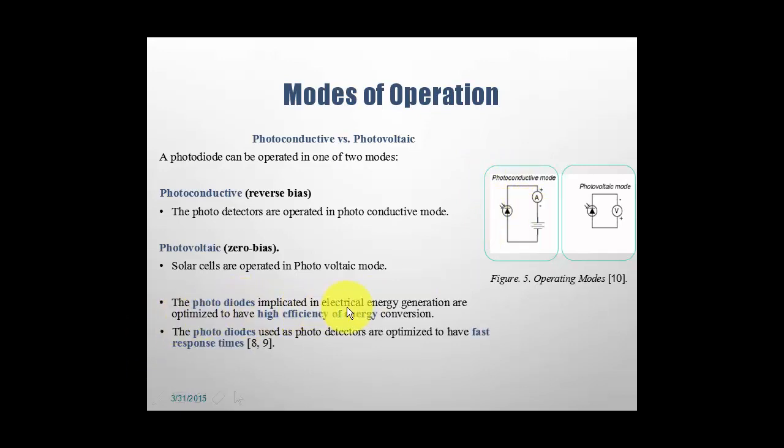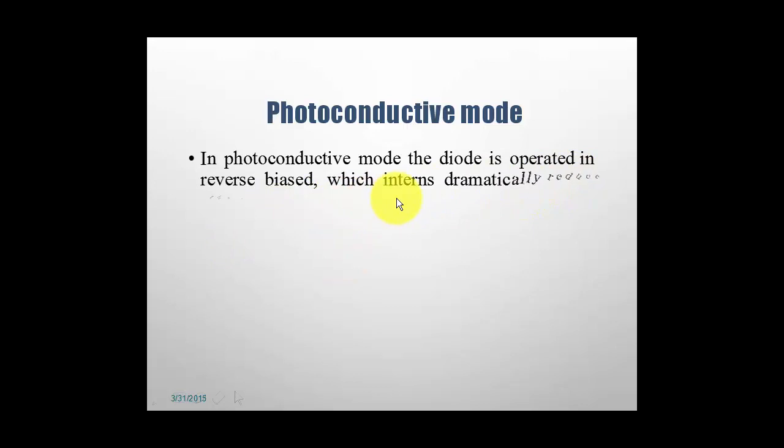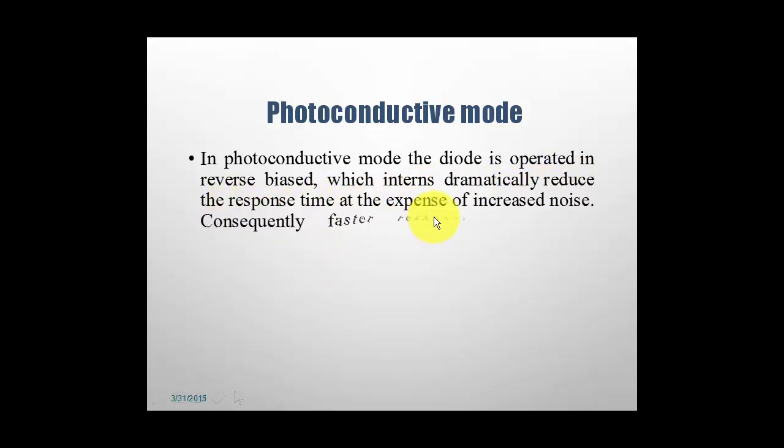Photodiodes employed in electrical energy generation are optimized for high efficiency of energy conversion. Photodiodes used as photodetectors are optimized for fast response times. Photoconductive mode in brief: in photoconductive mode, the diode is operated in reverse bias, which dramatically reduces the response time at the expense of increased noise.